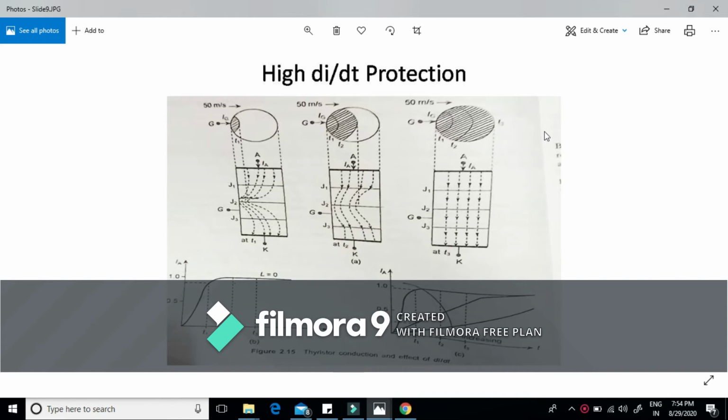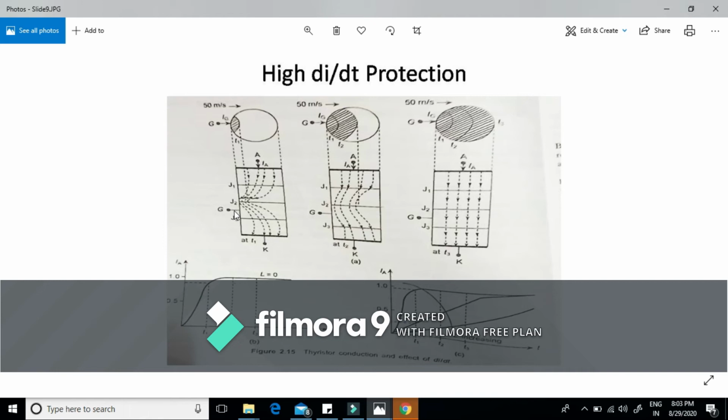In order to explain this, let us consider that an SCR consists of a large number of elementary SCRs adjacent to each other. This means that when a gate current is applied, since this is a side gated SCR, we have applied the gate here. This is the outer P, this is the inner N, and this is the inner P, and this is the outer N. That means this inner P terminal has this side gate.